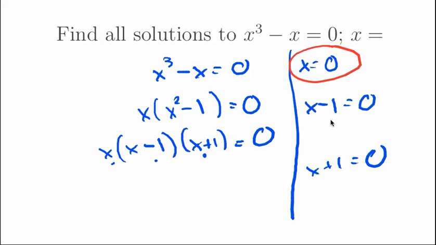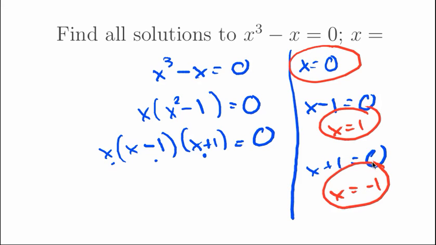Here's one solution, x equals 0. This equation gives me another solution, x equals 1, and this third equation gives me the third and final solution, x equals negative 1. These are my 3 solutions, and the answers I would put in the blank are 0, 1, and minus 1. Those are all the solutions, and there are no others because anything else would make this product not equal to 0.